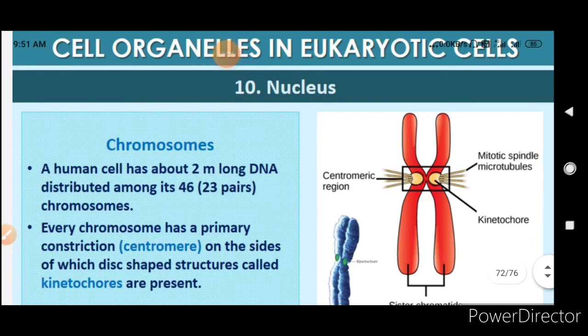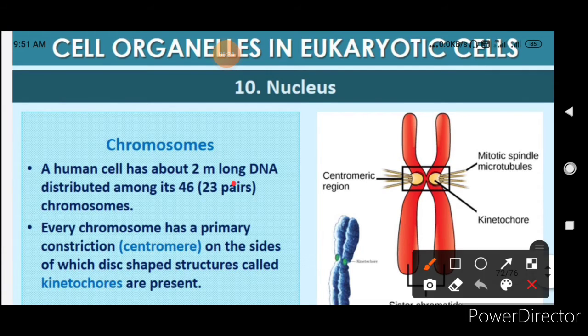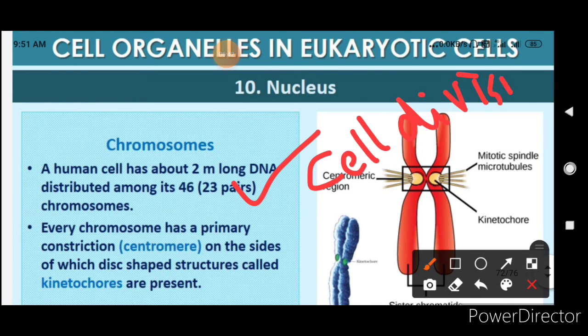Now comes the chromosome. A human cell has about 2 meter long DNA distributed among its 46 chromosomes, that is 23 pairs. These chromosomes are only visible during cell division. Otherwise, they are present like thin threads, which is chromatin.